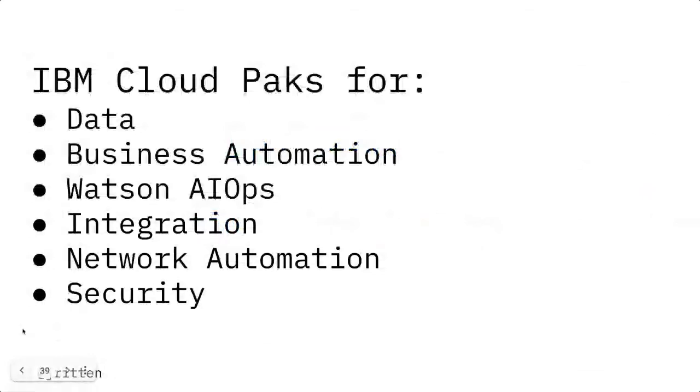An IBM Cloud Pak is a collection of offerings that we have bundled up, ready to go for you, for things like data, business automation, Watson AIOps, integration, network automation, and security. Let's see if I have this here. So some things that we have included and bundled together in our Cloud Paks.